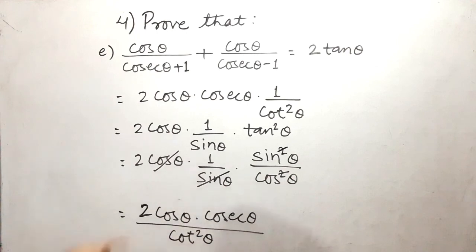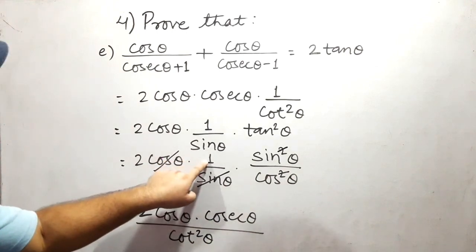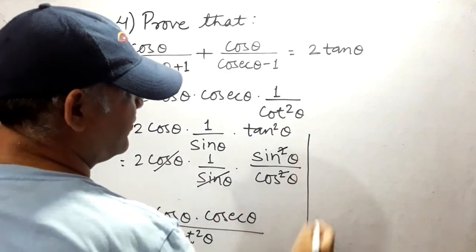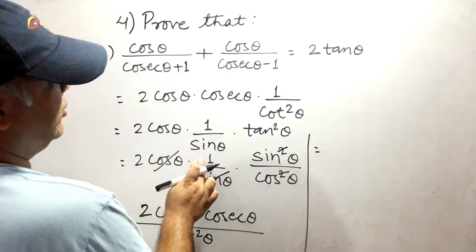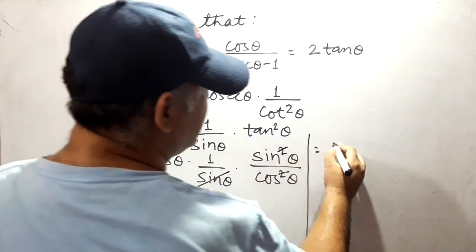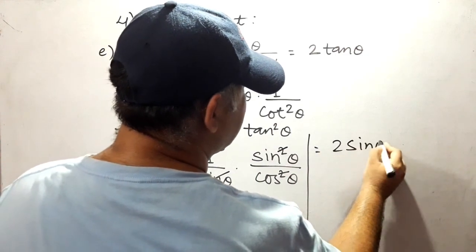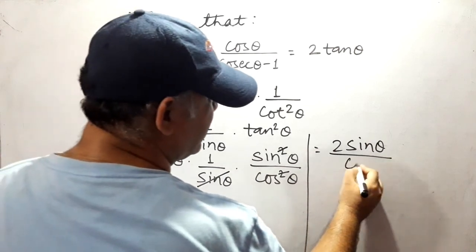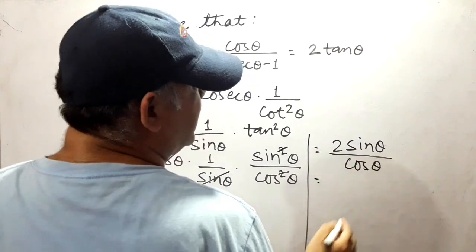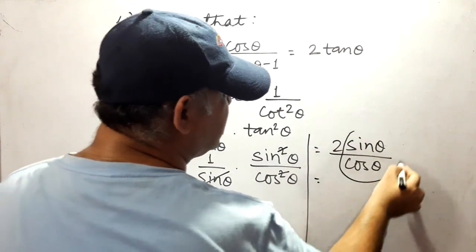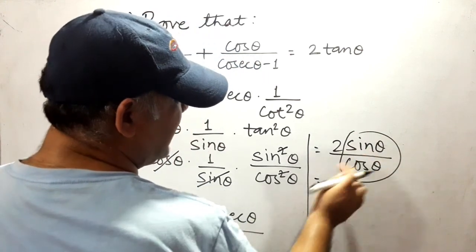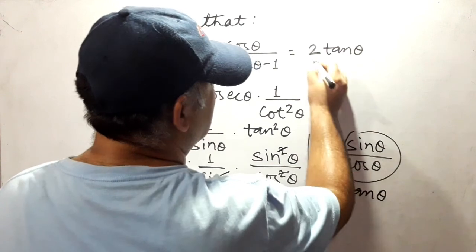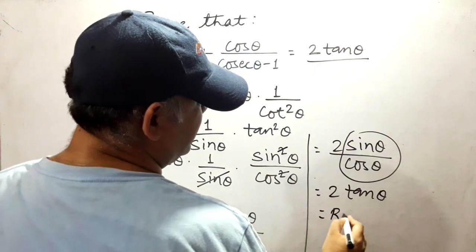So we have now 2 sin theta by cos theta. Let's combine the sin theta by cos theta, it will become tan theta. So we got 2 tan theta, which is the right hand side.